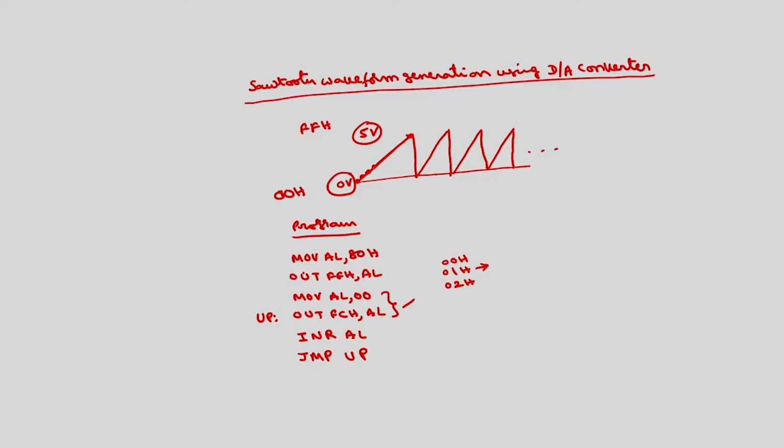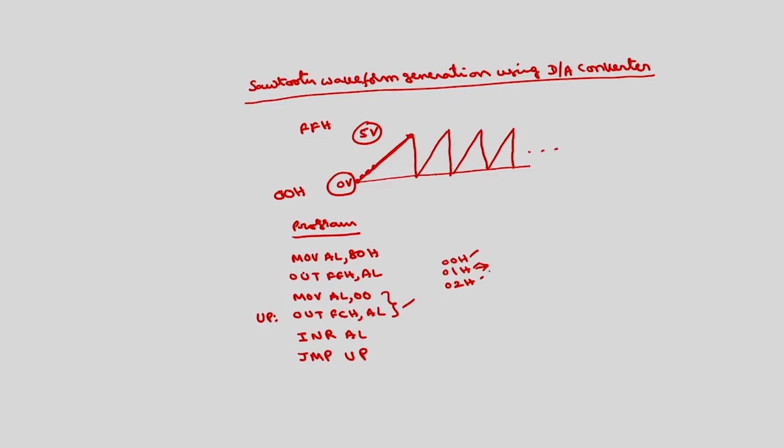How does this linear change occur on the screen of the CRO? Inside the CRO there is a linear waveform generator, which is applied to the X plates of the CRO. Because of that waveform, the signal, whatever digital value you are giving, the corresponding analog voltage will be moved in a linear fashion.